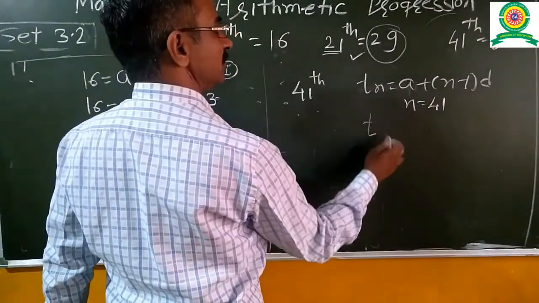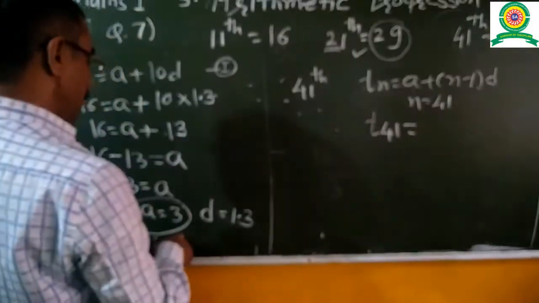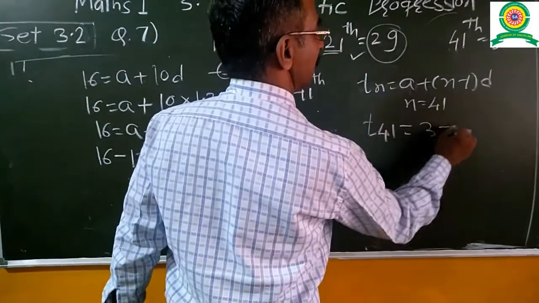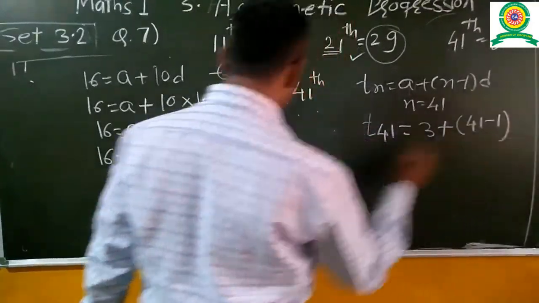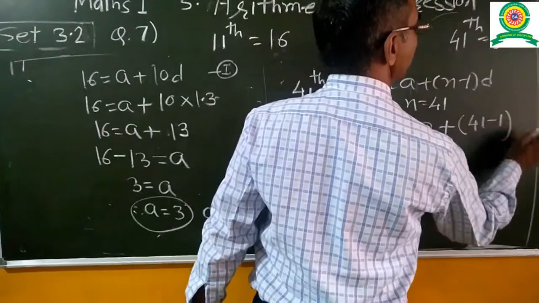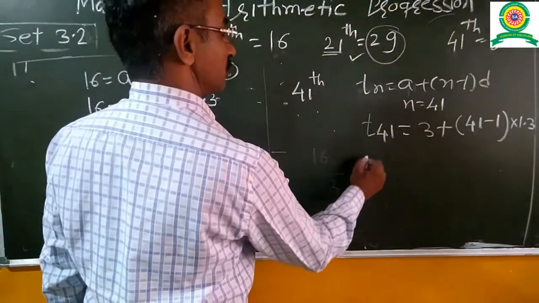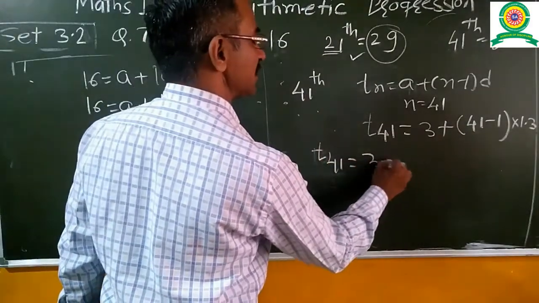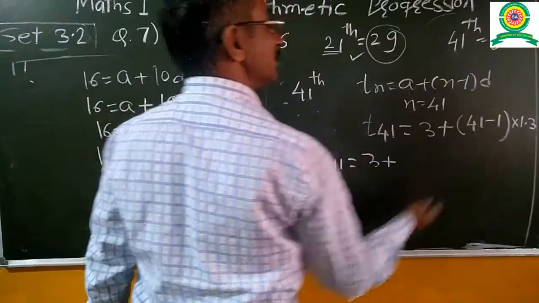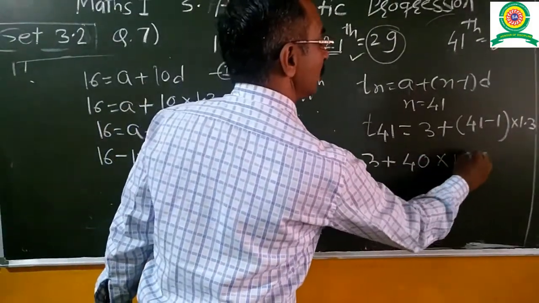Therefore T41 is equal to A, which is 3, plus 41 minus 1, multiplied by D, which is 1.3. So T41 is equal to 3 plus 40 into 1.3.